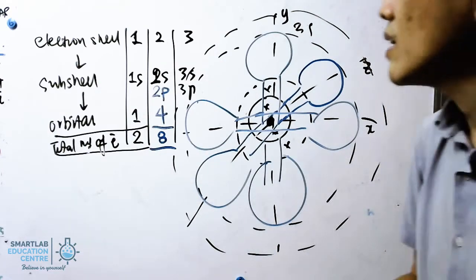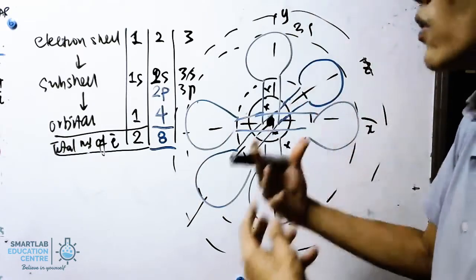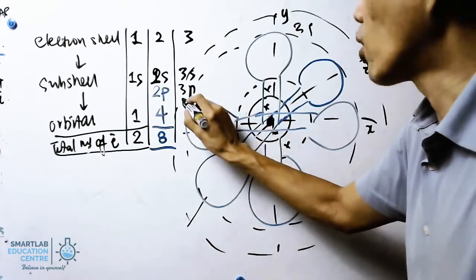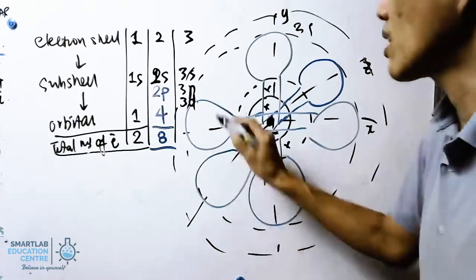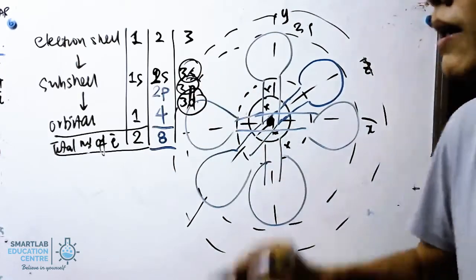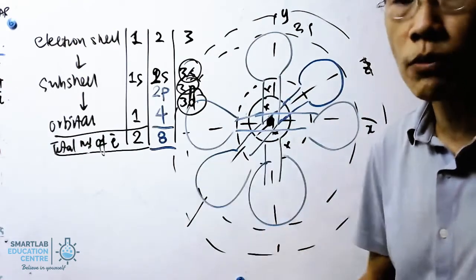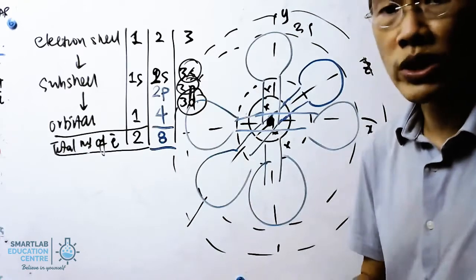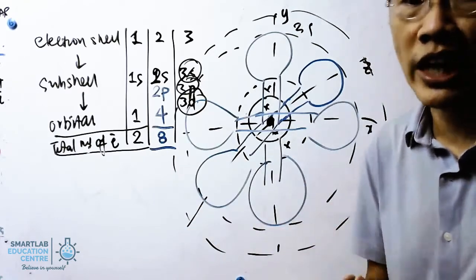Those spaces could now also be utilized to accommodate electrons. Therefore, in the third electron shell, you will have 3 subshells: 3s, 3p, and 3d, all right? And 3d will have 5 orbitals. We will show you the shape of each of the orbitals in the next minute, and we can run through how those orbitals are labeled and how they can be sketched.